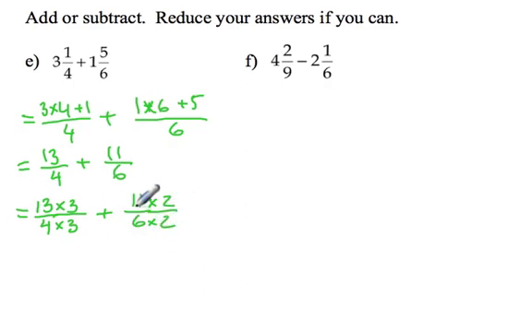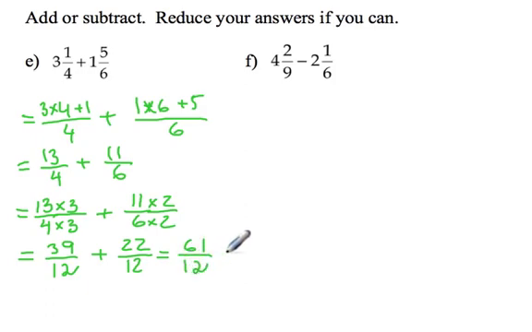I'm not changing the fraction because I'm multiplying both numerator and denominator by 2, and 2 over 2 is 1, and we can always multiply by 1. So now we have 39 twelfths plus 22 twelfths, and that equals 39 plus 22 is 61 twelfths.